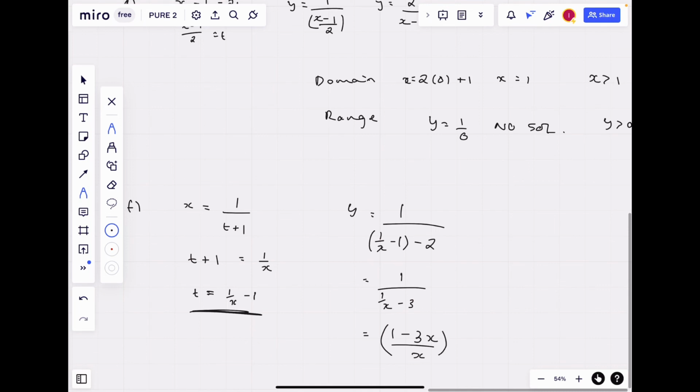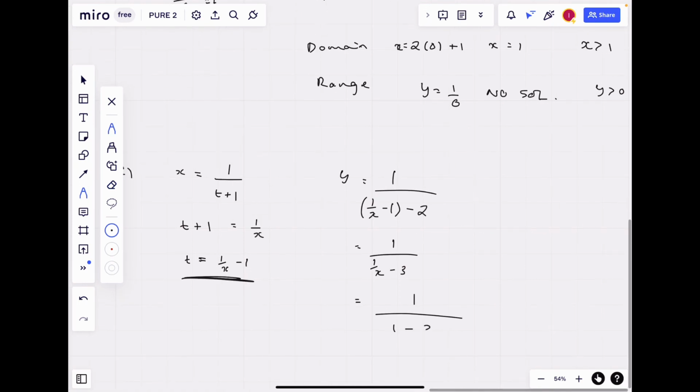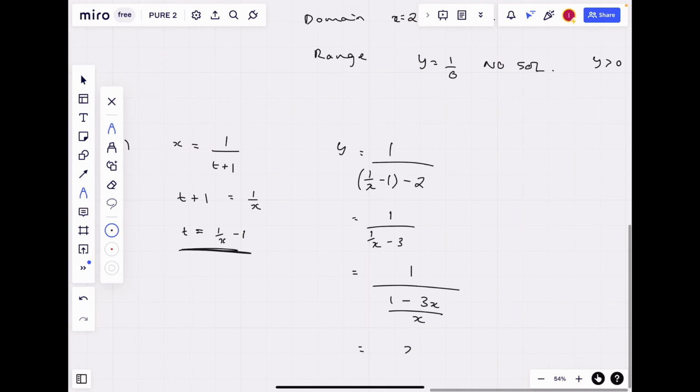If I just consider this as the denominator, you would then get this. And now, when you flip it, you get that. That is your Cartesian.